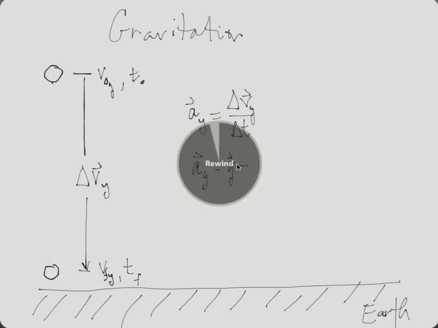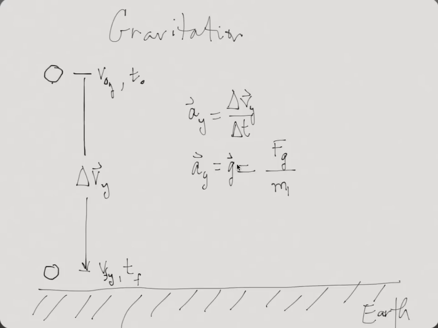It's going to be the force due to the pull of the earth over the mass of the ball. Okay, so this should be something like 9.81 to 9.77 meters per second squared.